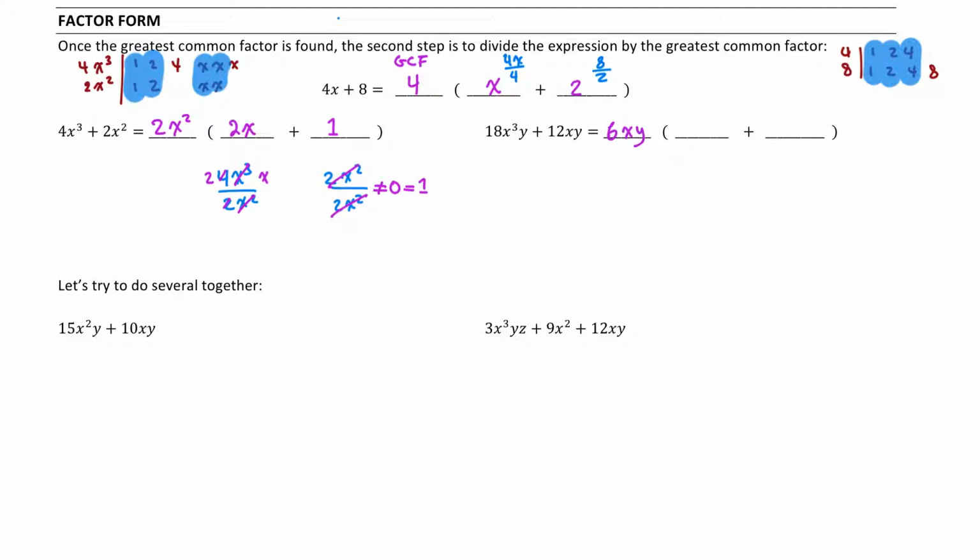and the lowest exponent between the two terms having the variable y, or the exponent of y between the two terms, is just 1.